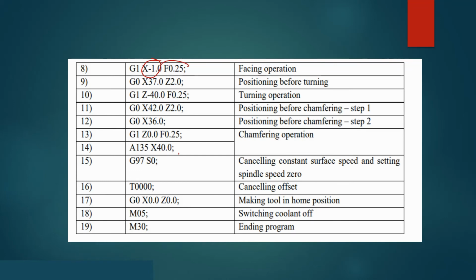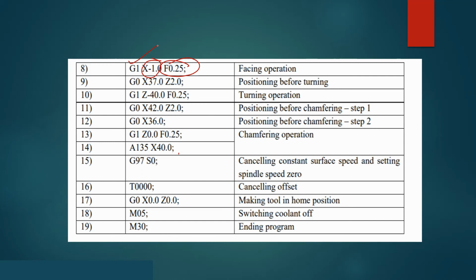F is for the feed, and we have given F0.25. In this program we have taken feed F0.25 as common. So G1 is for what purpose? G1 is for machining, here for the facing operation. If we give the command, then automatically it will do the facing operation.